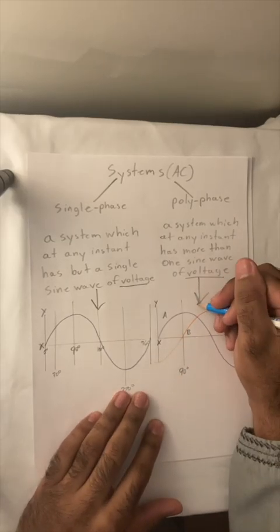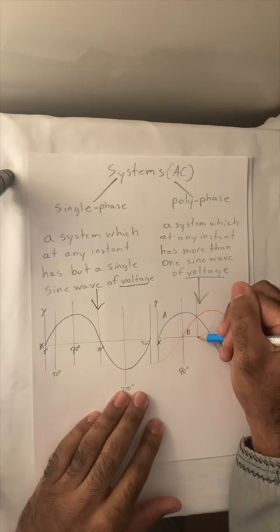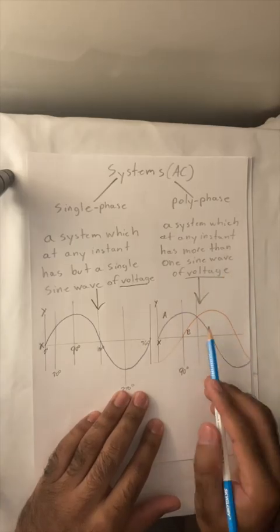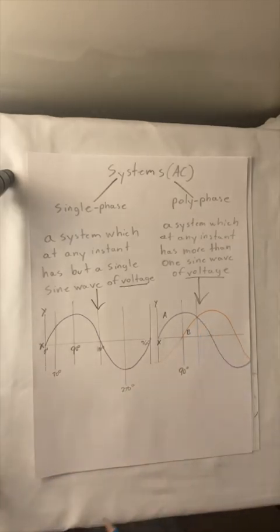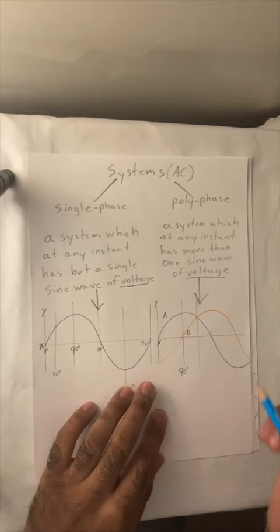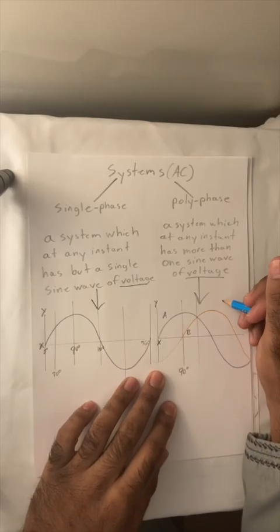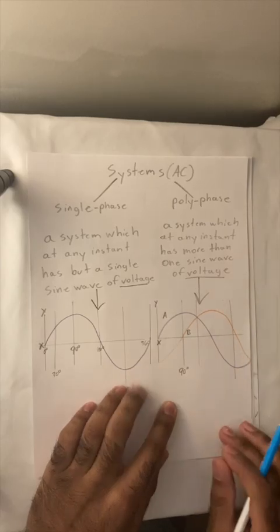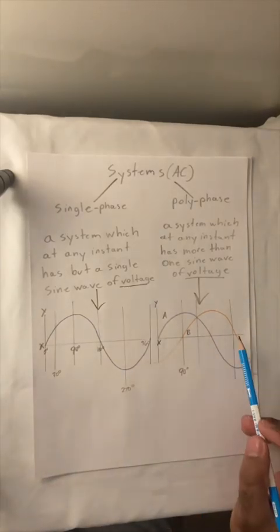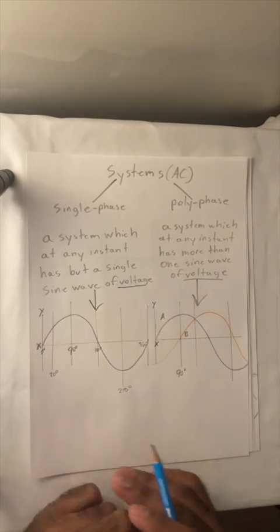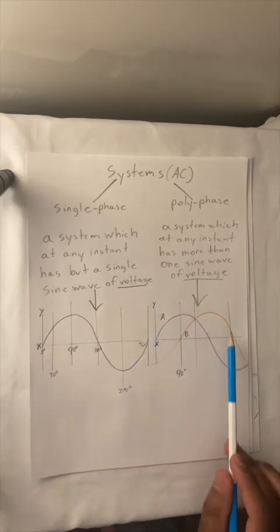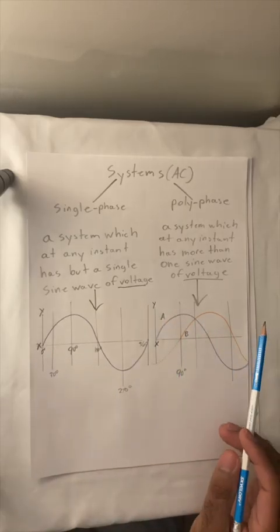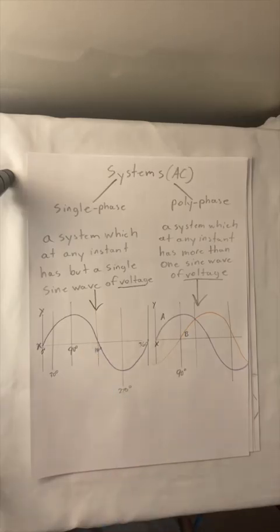At this instance, we see that there is an intersection of two different sine waves. Similar to this instance, there's also another intersection in which there are two sine waves of voltage. So that being said, by definition, this is considered a polyphase system. By definition, this is considered a single-phase system.